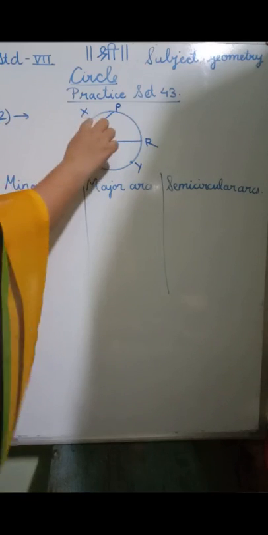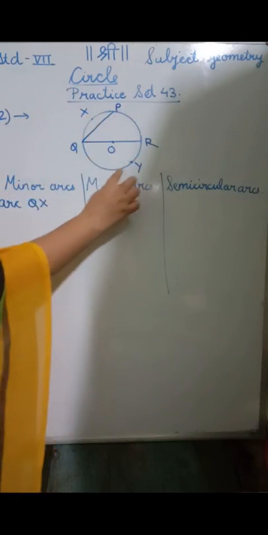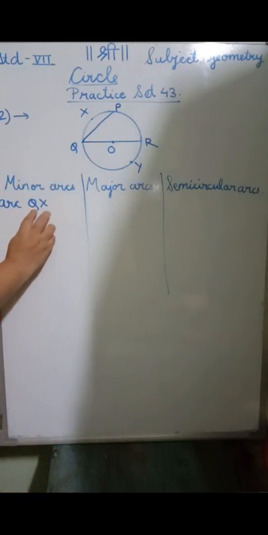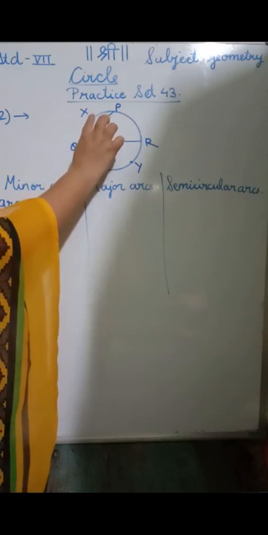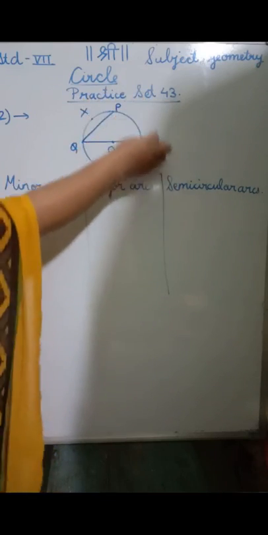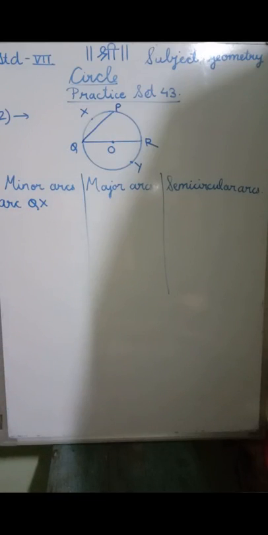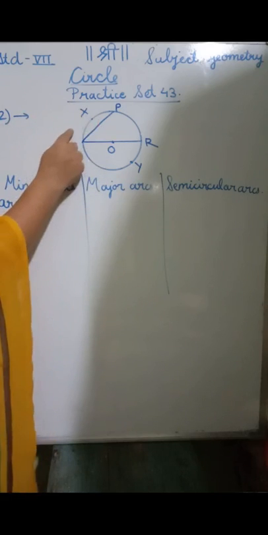The bigger arc is this part. Keep the start and end points the same. Suppose QX, then if we keep Q and come to X, there are 3 names in between. Use any one name and complete the arc. An arc's name you can write either in 2 letters or in 3 letters. Now this QX I have written in 2 letters, that is the minor arc.